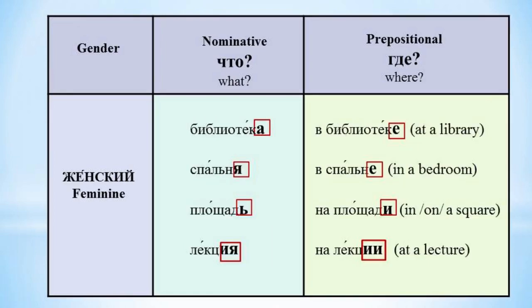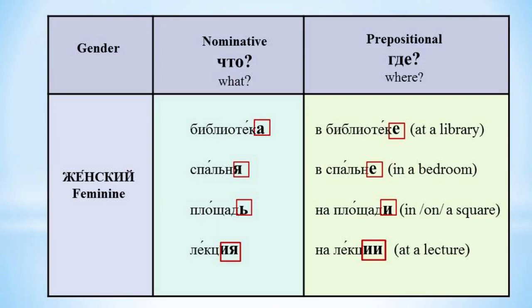And now let's talk about feminine nouns. We already know that feminine nouns end with the letters а, я, and soft sign. So let's focus on nouns that end with the letter а. If we need to change these nouns into the prepositional case, we have to remove the letter а and place the letter е instead of the letter а.